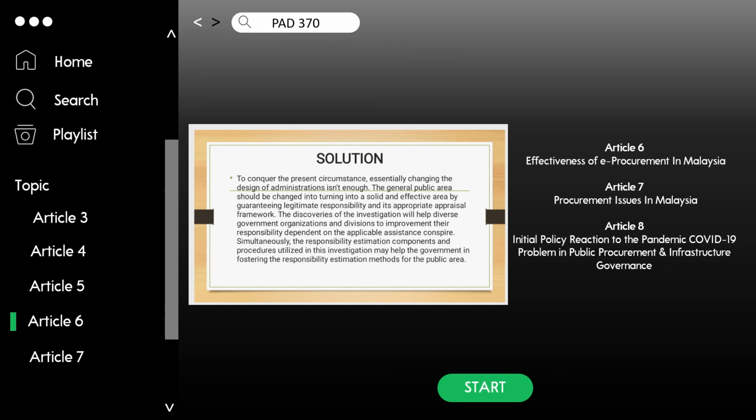The findings of the investigation will help diverse government organizations and divisions to improve their accountability based on the applicable assistant scheme. Simultaneously, the accountability estimation components and procedures utilized in this investigation may help the government in fostering an accountability estimation method for the public sector. So that's all for me. Thank you.